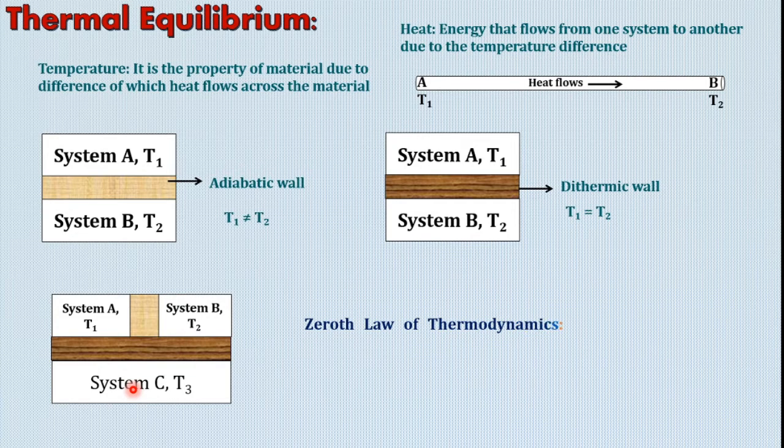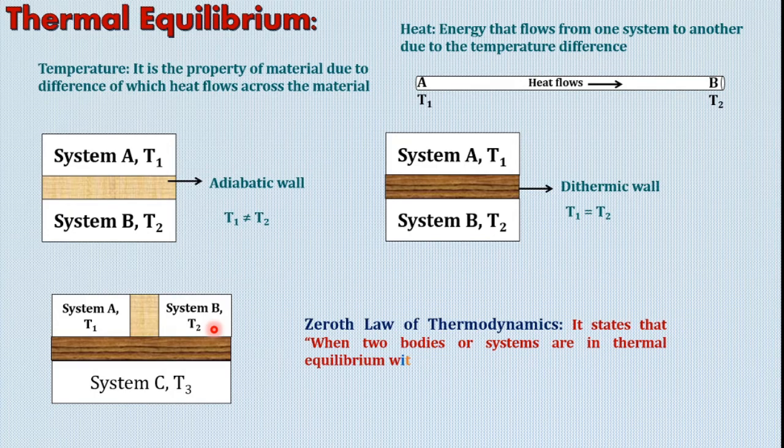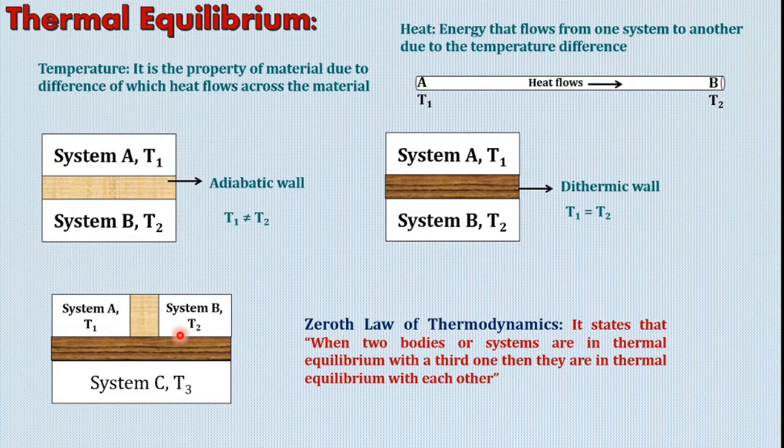So zeroth law of thermodynamics considers three systems: system A, system B, and system C. How is it stated? It states that when two bodies or systems are in thermal equilibrium with a third body or third system, that is, if system A is in equilibrium with C and system B is in equilibrium with system C, then these two bodies are in equilibrium with each other.